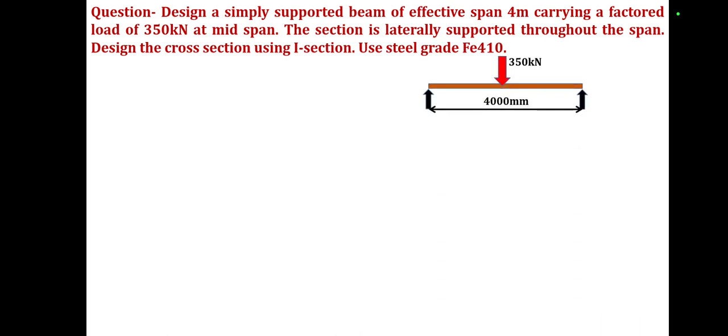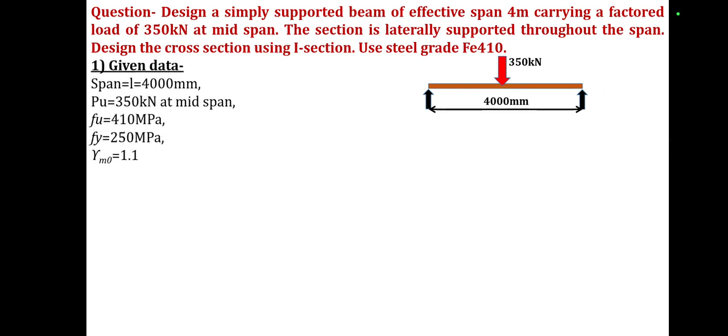According to our statement, this is the diagram for the numerical. The span of the beam is 4 meter and it carries a concentrated load at the middle of the section. So then the given data: span L is 4000 mm, Pu, here the factored load is given, that's why the load is directly the ultimate load of 350 kN at the mid span.